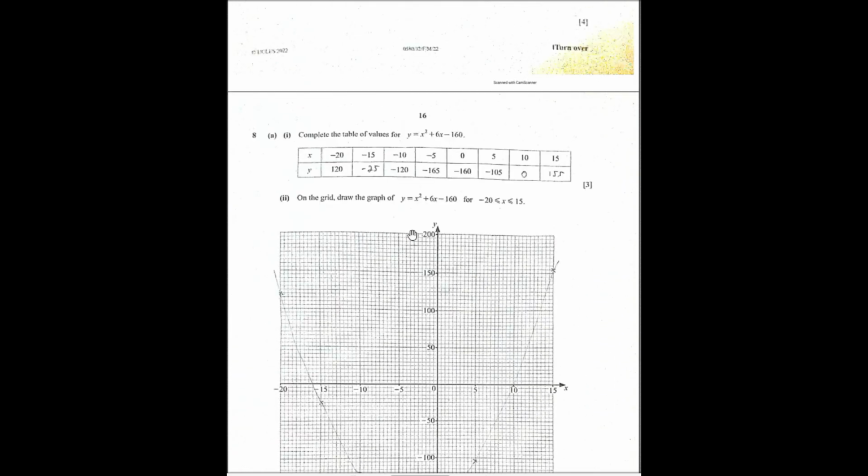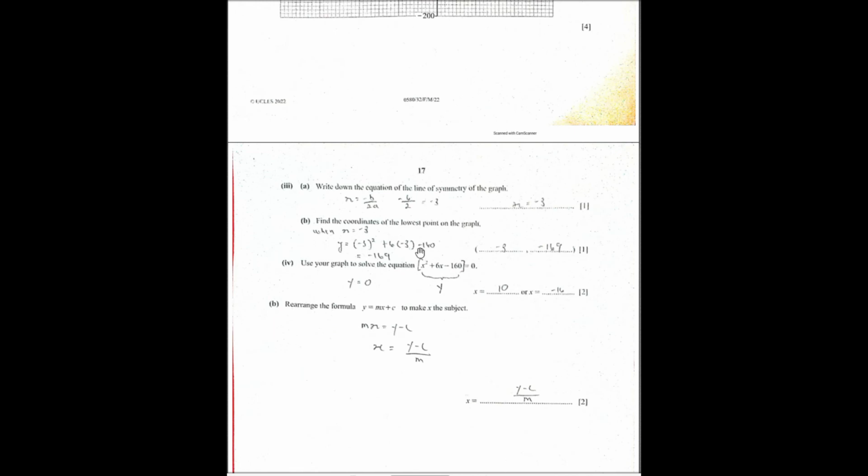Since it doesn't have any value there, it is just 1. So 2 times 1 is 2. So negative 6 divided by 2 is x is equal to negative 3. And that is our line of symmetry for this graph.